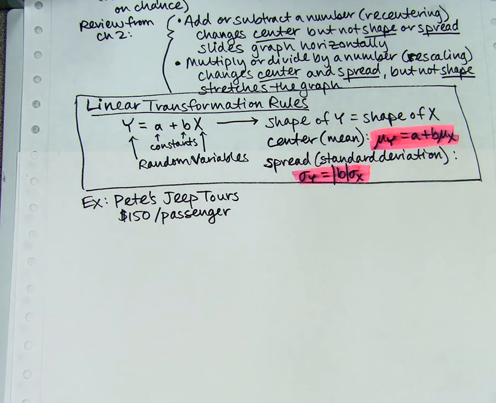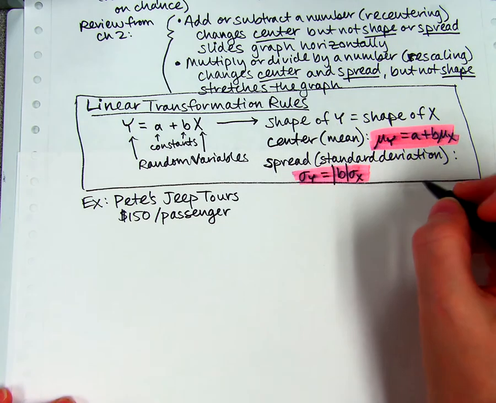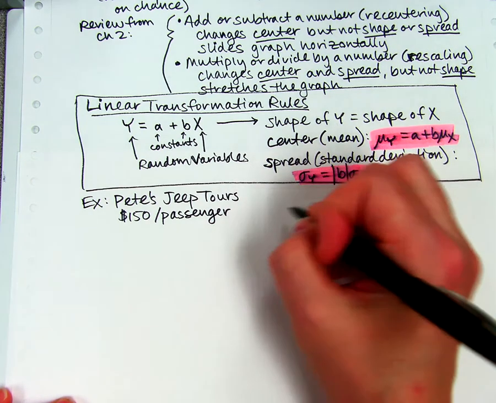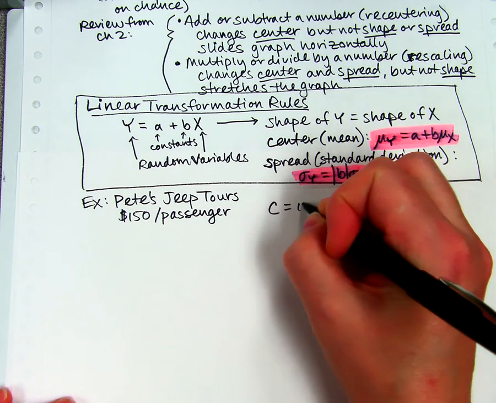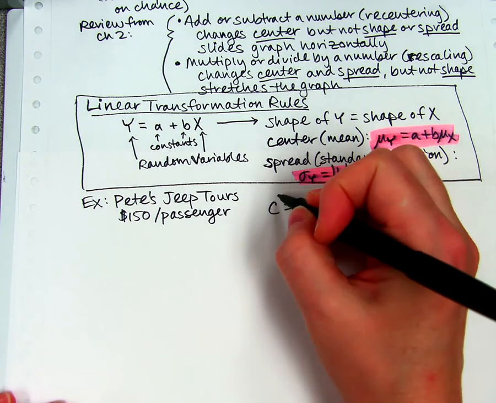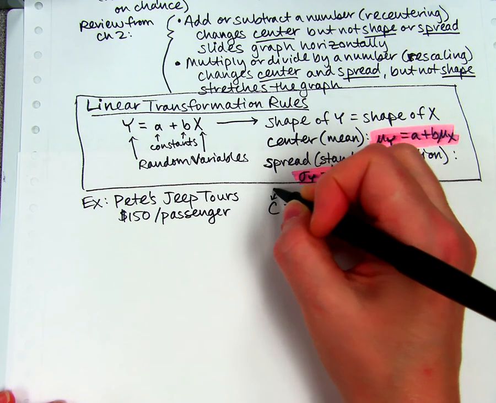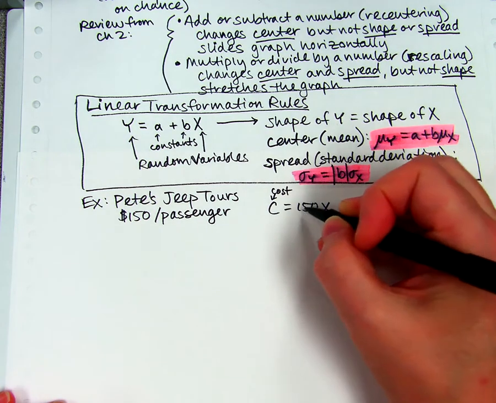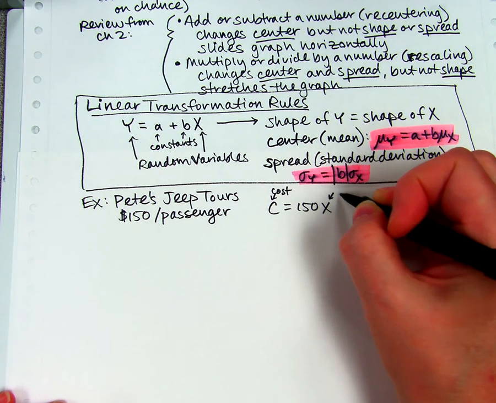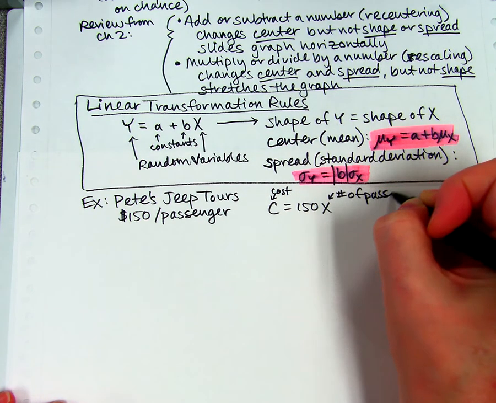All right, that's nice. So what that means is that if X is the number of passengers, then the cost would be $150 times the number of passengers. The cost of taking your family out in the Jeep would be 150 times X, which is the number of passengers that were fitting in the Jeep at a time.